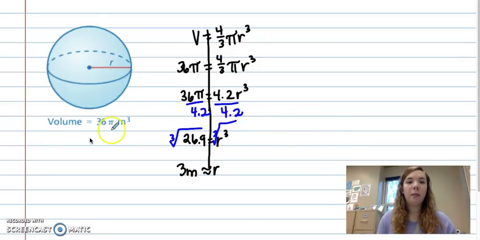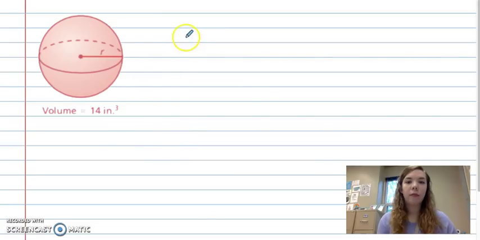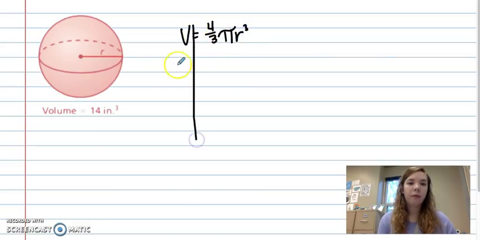So we're going to do one more example. Again, I'm going to start with my formula for a sphere because that's the shape we have. So our volume, in this case, is 14. It doesn't have a pi this time, just 14. Four thirds times pi is 4.2.